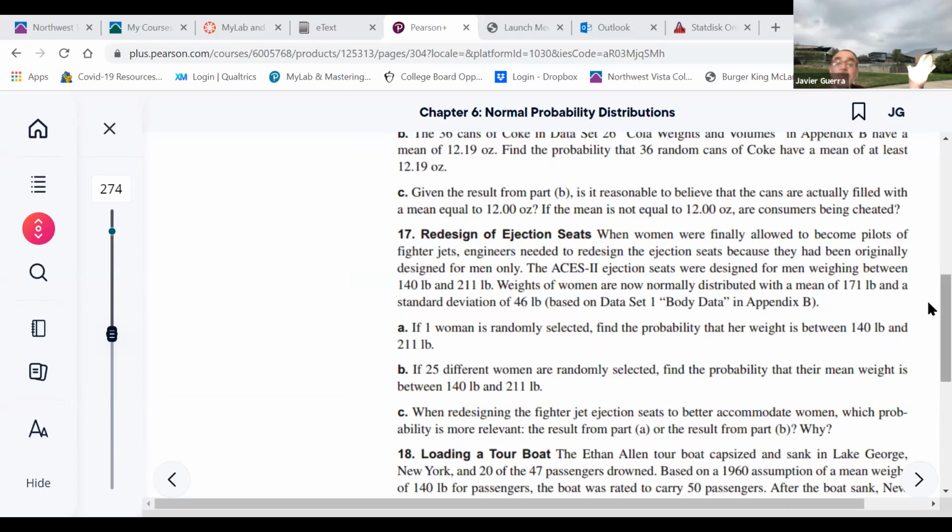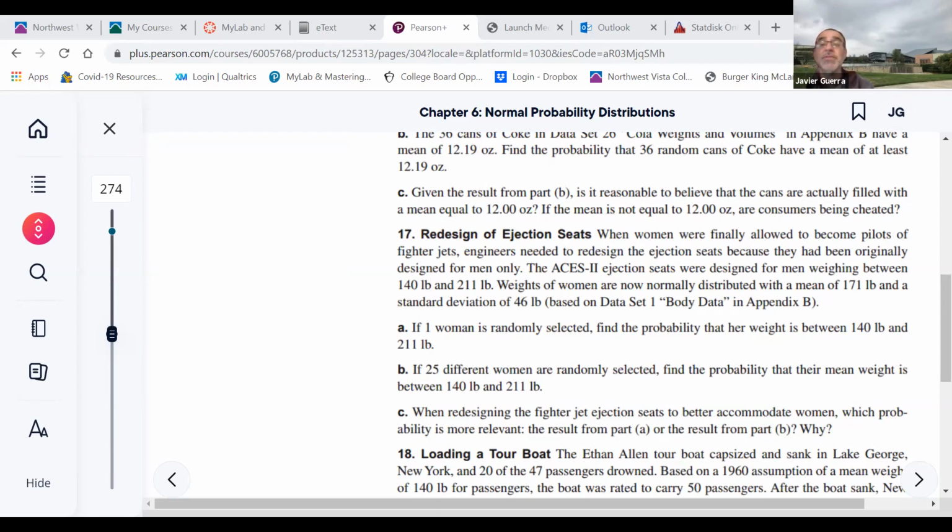All right. So, not me reading the problem yet, but what are we told at the very beginning of this problem? What are we given for 17? What do we know so far? So I know my mean and my standard deviation.